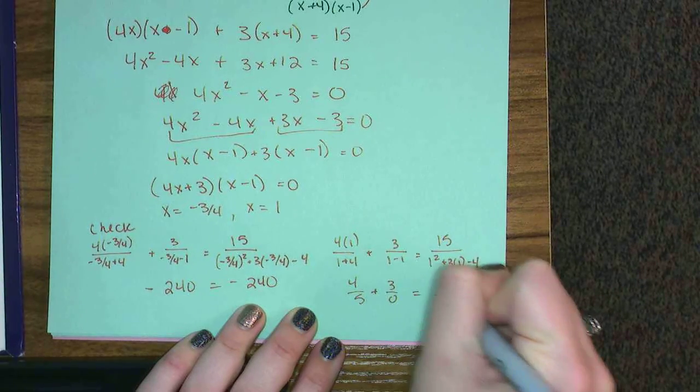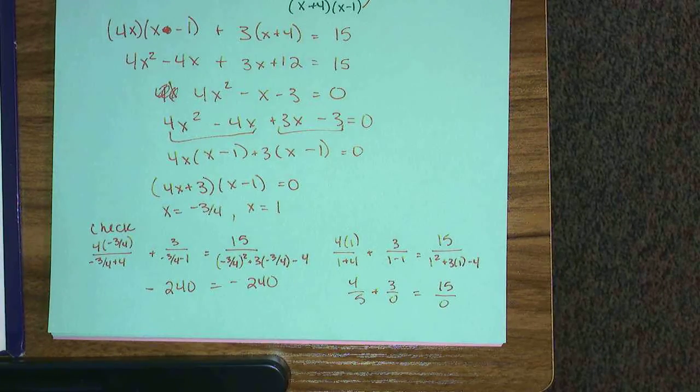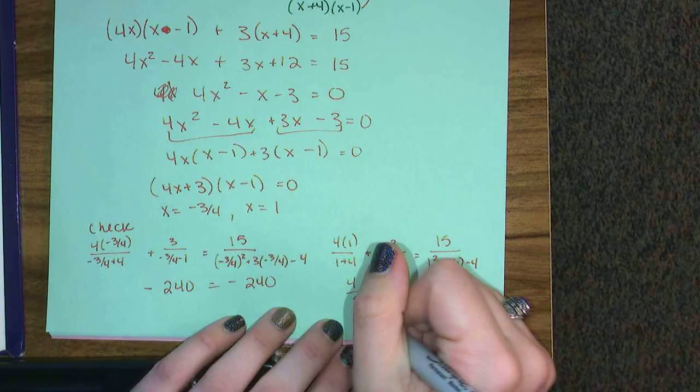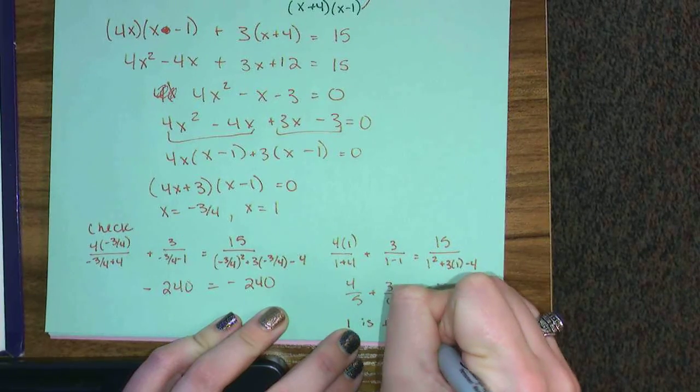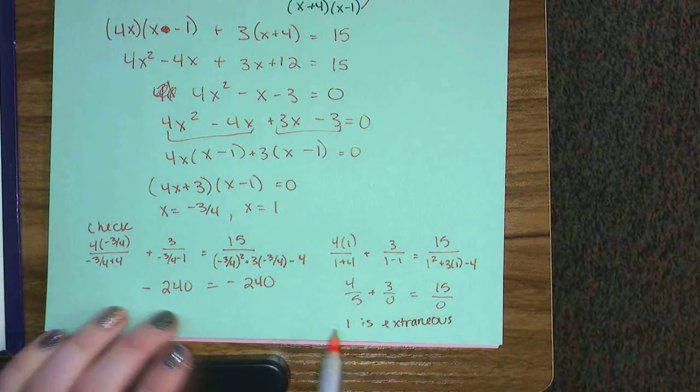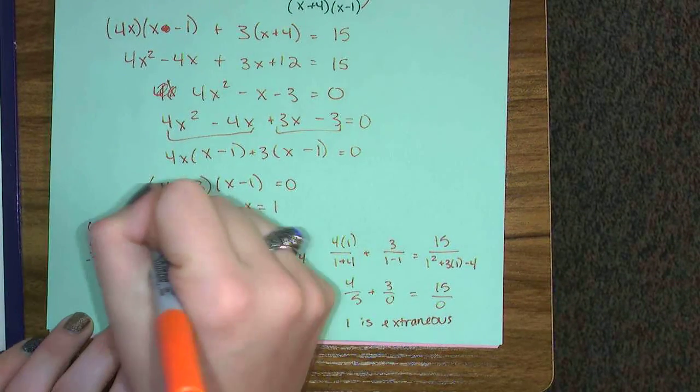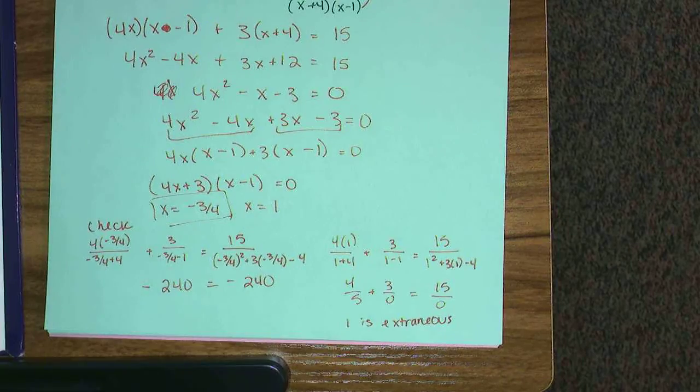And I get 15 over 0. Okay, that means that this one is extraneous. So 1 is extraneous. So you would need to show that that's extraneous, and then you can just box off the one solution that is actually a solution. So x is equal to negative 3/4 is a solution.